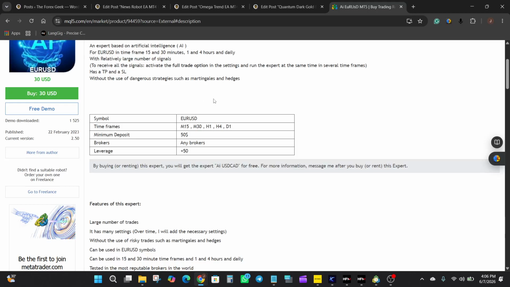Looking further down the page, we can see the recommended trading conditions. The minimum suggested deposit is $50. The EA is intended for EuRUSD only, and the developer states that it can be used with any broker, provided the account has leverage greater than 50.